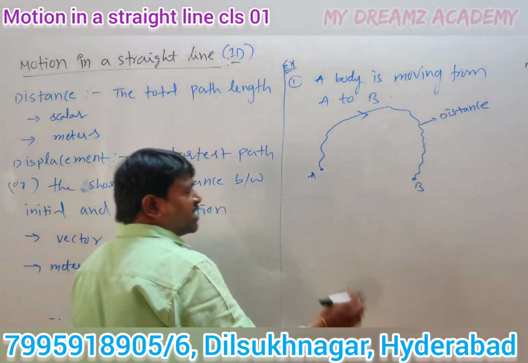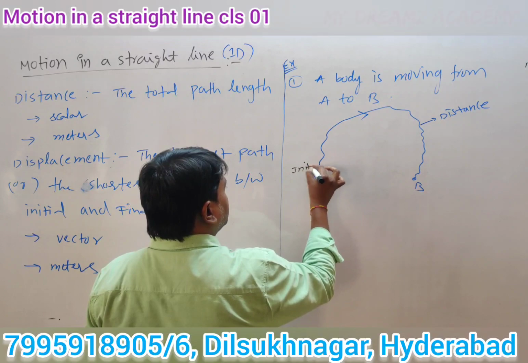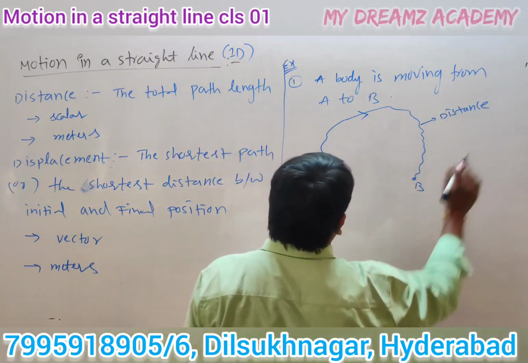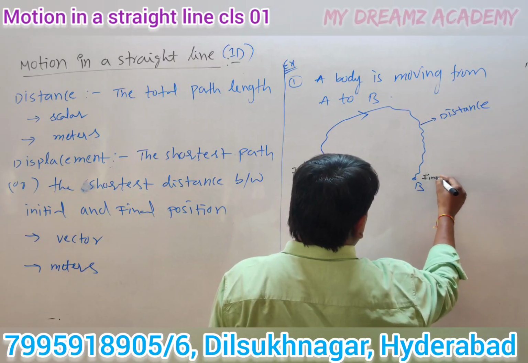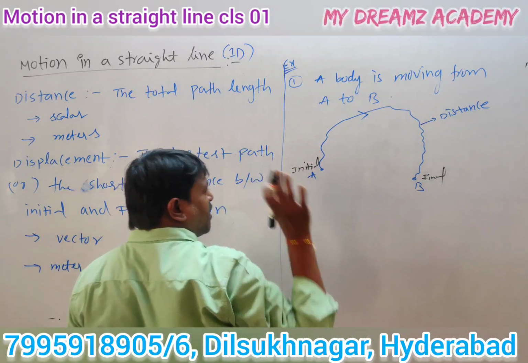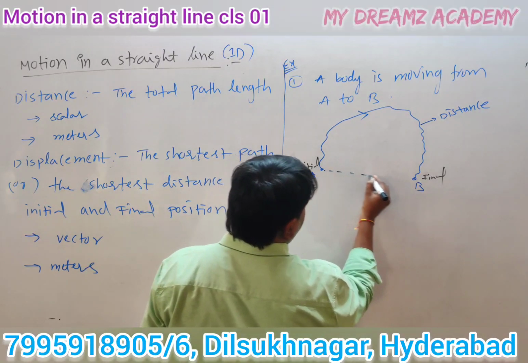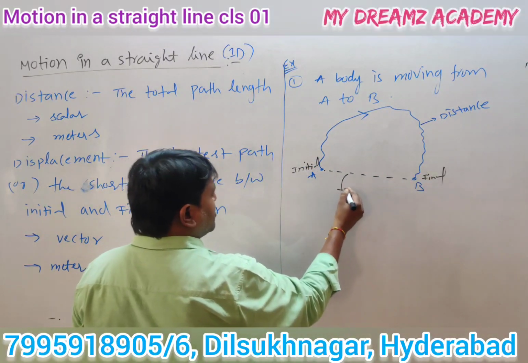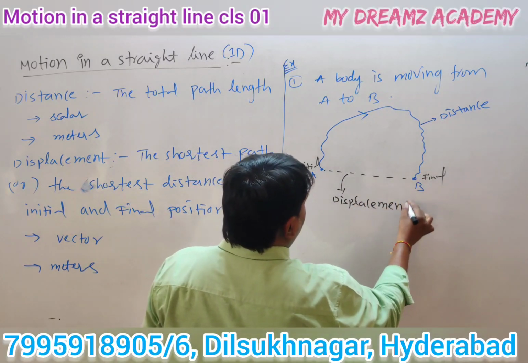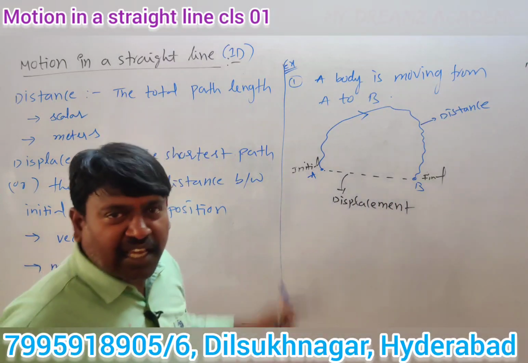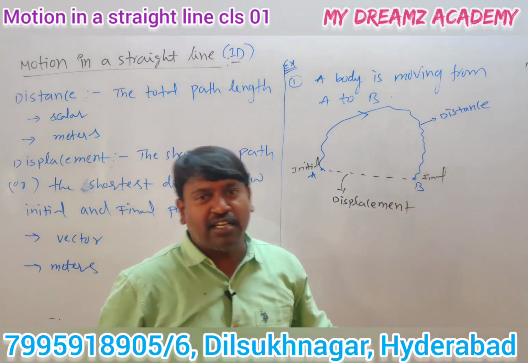The body is initially at point A, the initial position, and its final position is at B. The shortest path between the initial and final positions is the displacement. The total path length is called distance.